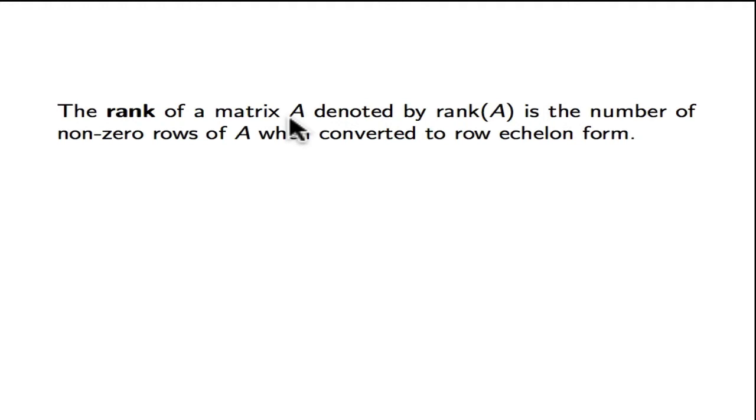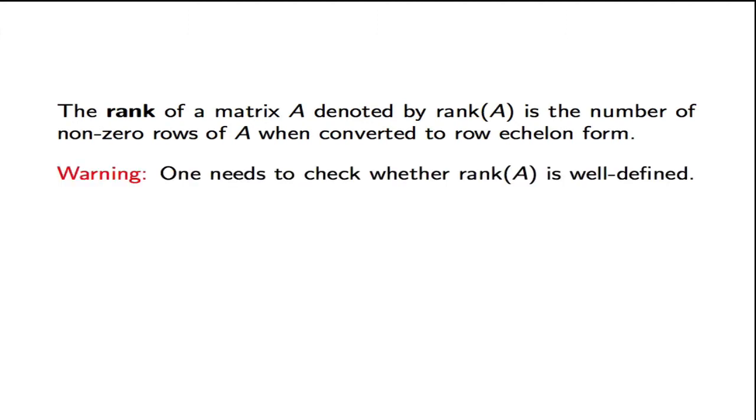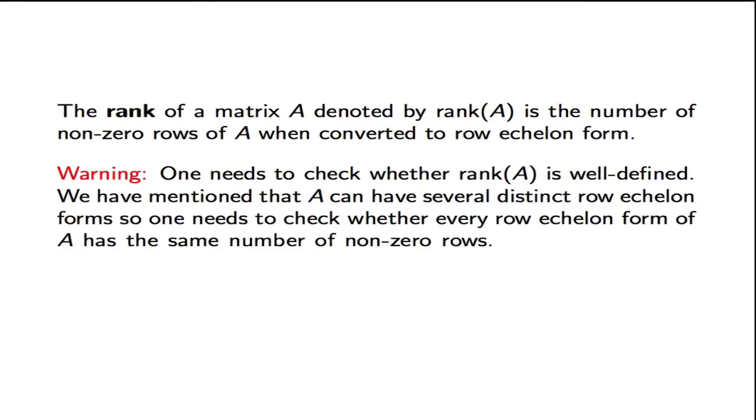So we say that the rank of a matrix, denoted by rank of A, is the number of non-zero rows of A when converted to row echelon form. Actually, we need to be a bit careful here. We need to check that rank of A is well defined. And why do we need to check this?